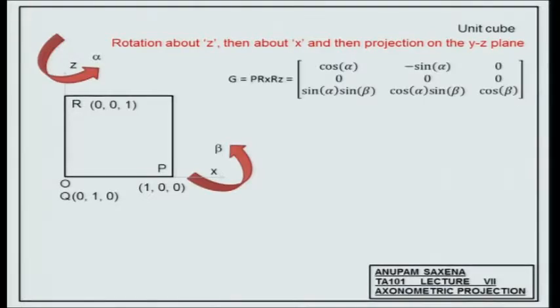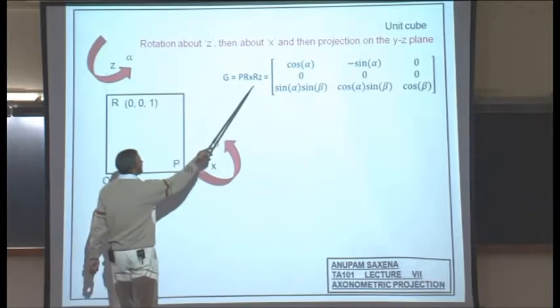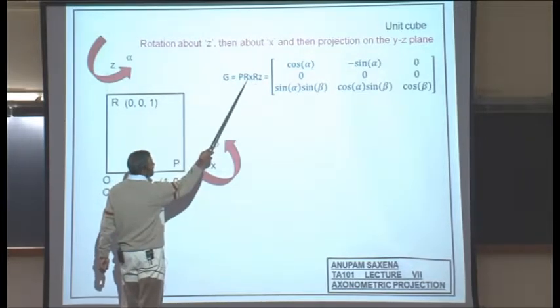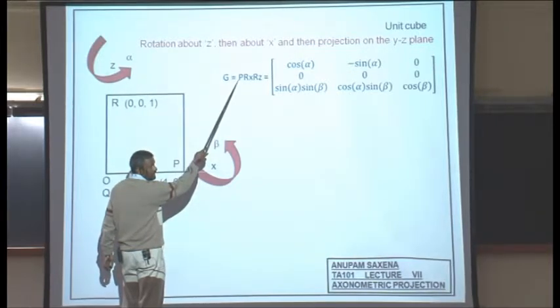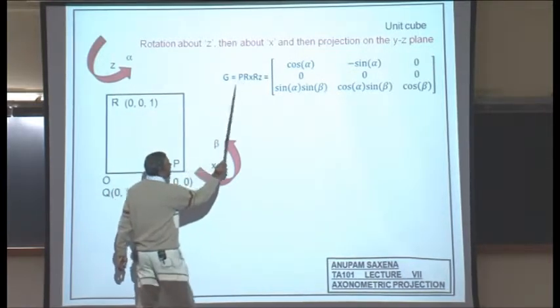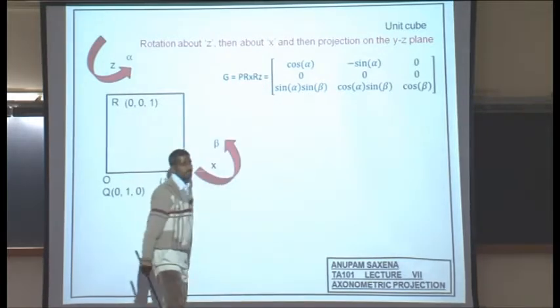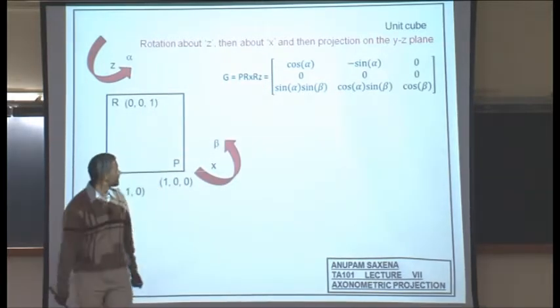The first matrix on the right is rotation about z, then rotation about x, and then projection. And when you multiply all these three matrices, you will get the result on the right hand side.